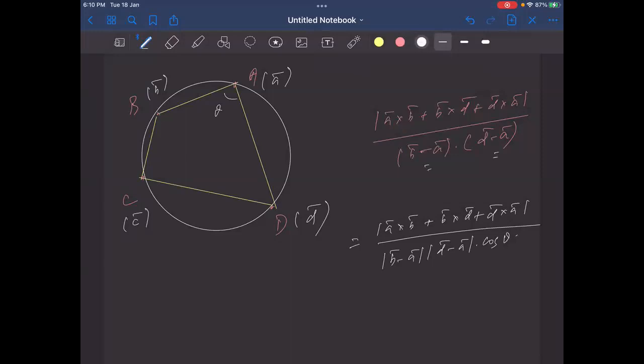A dot B cos theta. अच्छा, since the upper part is the area of the triangle, so twice of area of the triangle rather. So can I write down the upper part as in this? 2 into mod of B minus A into mod of B minus A into sin theta by mod of B minus A.